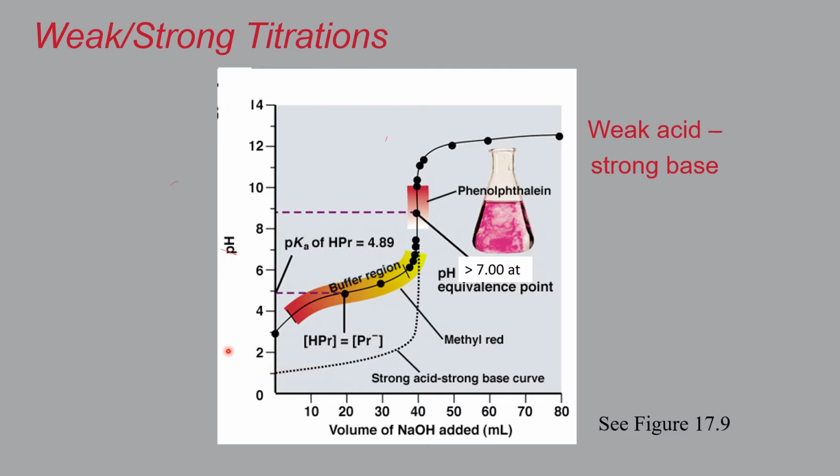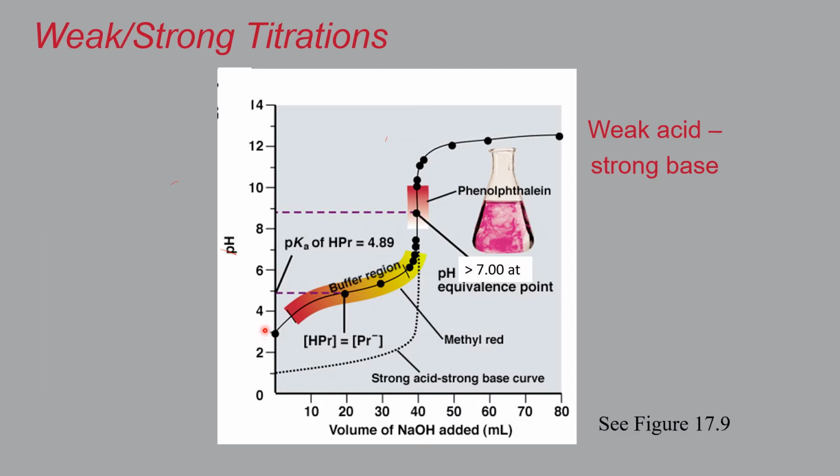There are a couple of differences to note. First off, at the very beginning, you'll note that the pH of the strong acid, strong base titration curve starts out a lot lower. It's a strong acid. Every HCl molecule creates one hydronium, so this is to be expected. Meanwhile, propionic acid is a weak acid with a pKa of about 4.89.